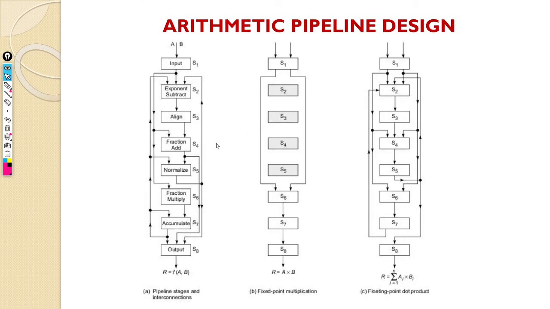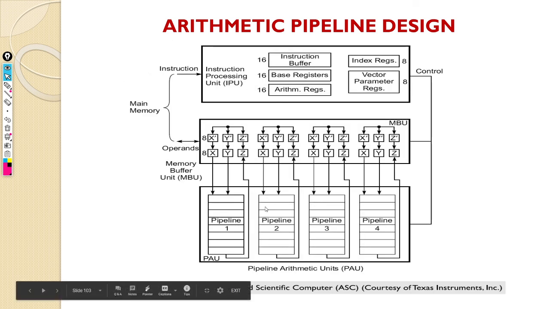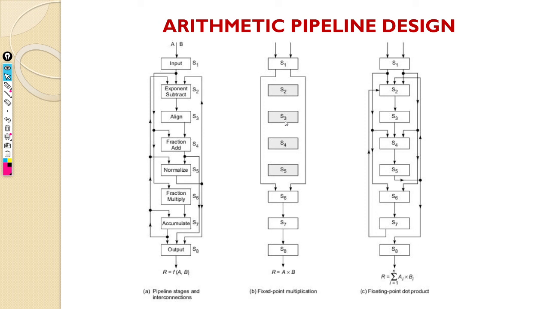Something like this. You choose the control in such a way that your stages, if you notice in the previous figure, you have 8 stages in these pipelines. All these pipelines will have 8 stages, but you may not use all the 8 stages. For example, if you see here, you have fixed point multiplication and a floating point dot product.